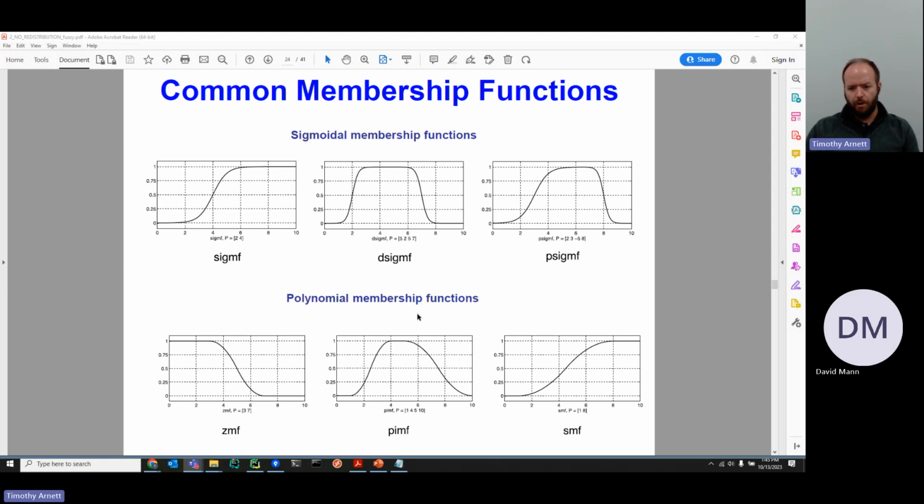There aren't a lot of requirements for its properties, aside from the fact that it needs to go from the range of 0 to 1. It is possible to have a membership function that doesn't have full membership, but those are really unique cases, and almost always the membership functions are required to at least have full membership at some point.